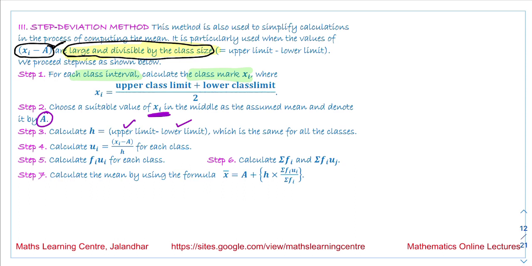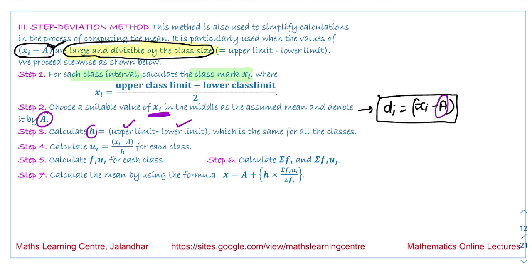In the assumed mean method, we calculated the value of di using the formula xi minus a. Now the next step is, we are calculating the value of di, that is equal to xi minus a. A is the assumed mean.